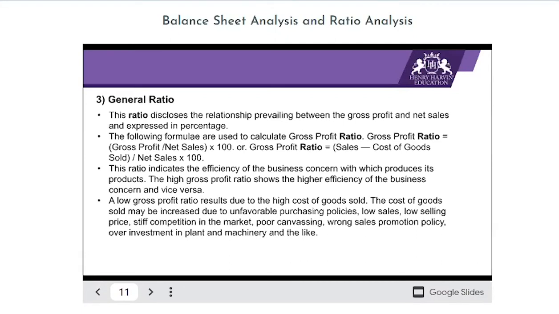And a low gross profit ratio means that the cost of goods sold is high, that your direct expenses are high, your cost is higher in comparison to the sales being made.